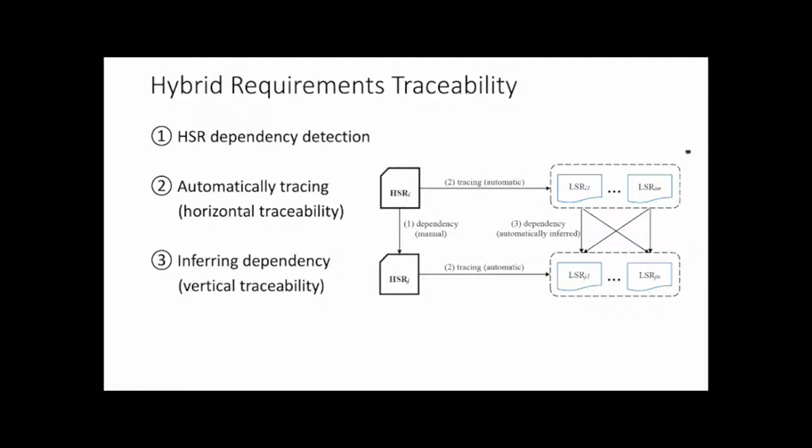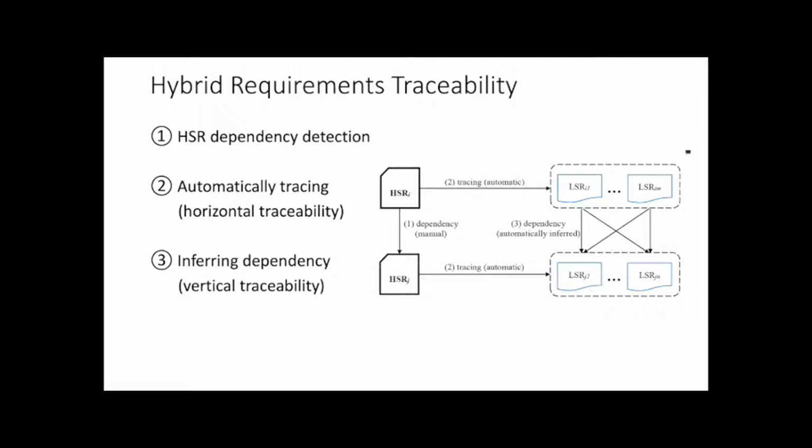The first step of our approach is to manually detect the dependencies between high-level security requirements. The second step is to automatically trace from the high-level security requirements to low-level security requirements.